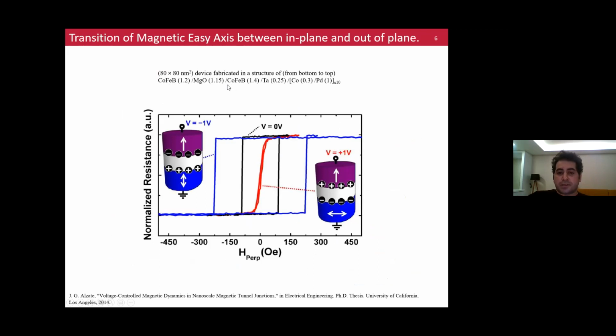For the fixed layer, they used CoFeB, pinned by a cobalt palladium multilayer structure. When they applied zero voltage, they observed hysteretic behavior under a sweeping magnetic field along the Z direction, perpendicular to the film plane.